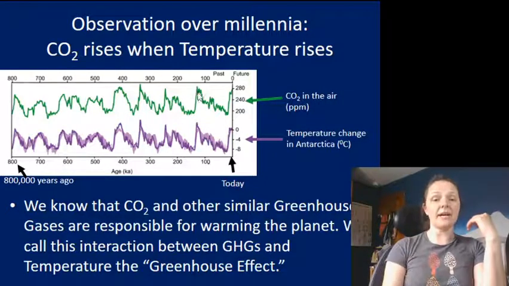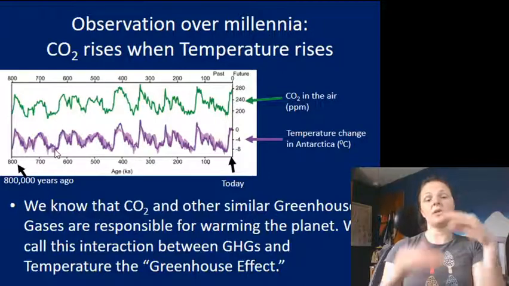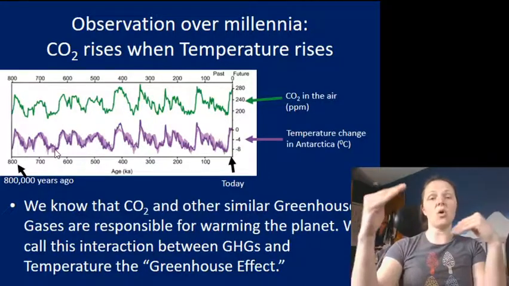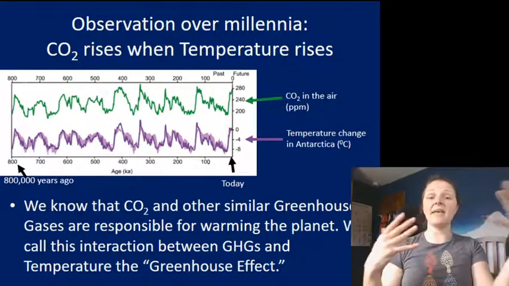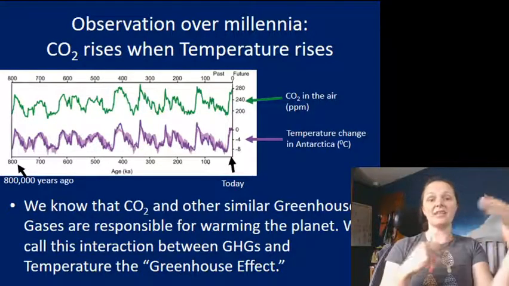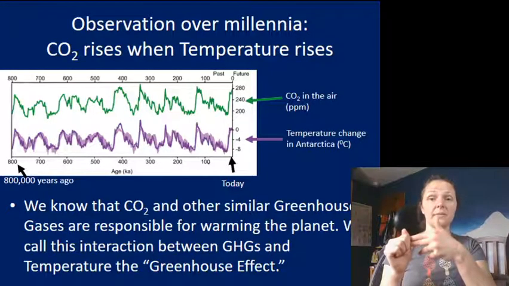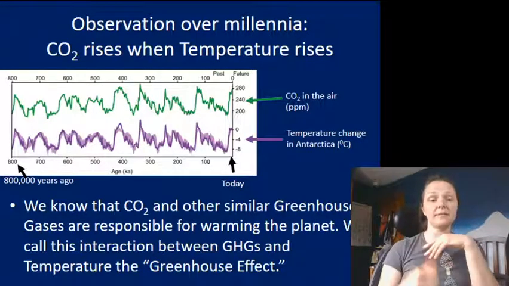So when carbon dioxide is high, that is when the temperature is high. When carbon dioxide is low, that's when the temperature is low. So these two things go up and down together, and they always have, okay? And this interaction that exists between greenhouse gases and temperature is what I want to explain in the next couple of minutes as being the greenhouse effect.